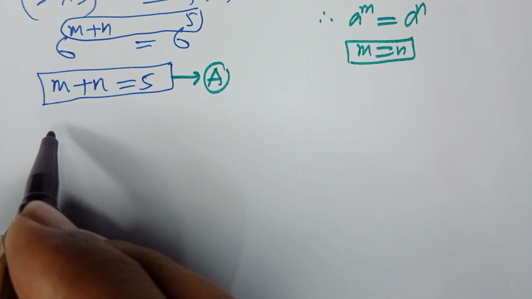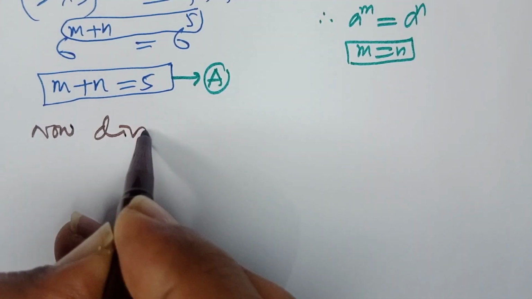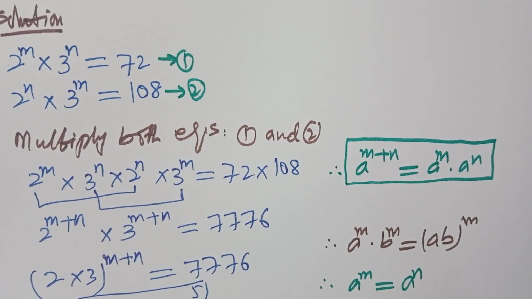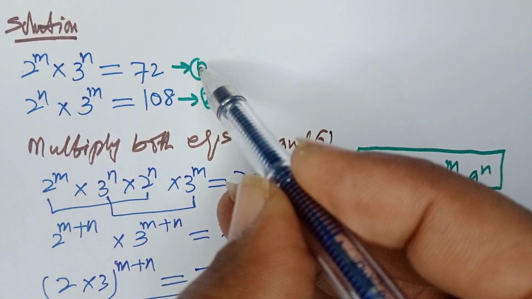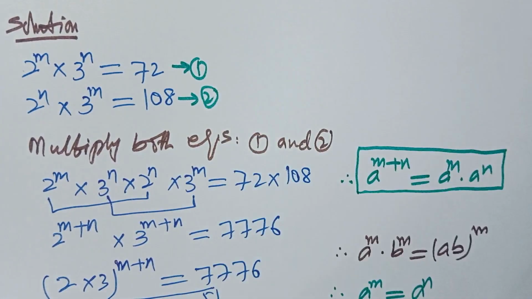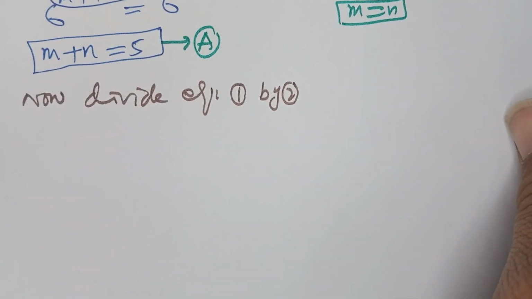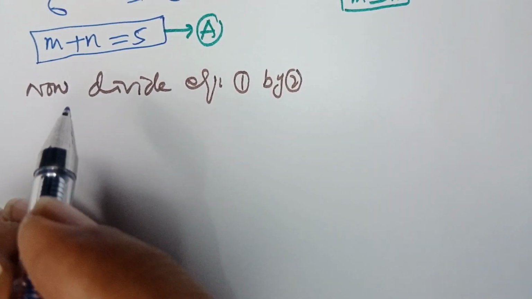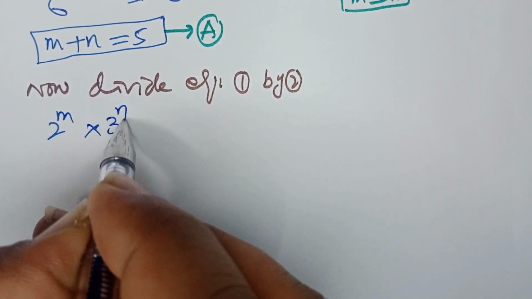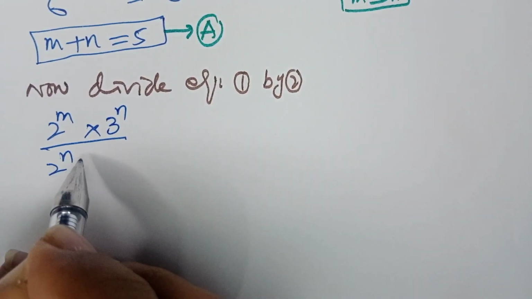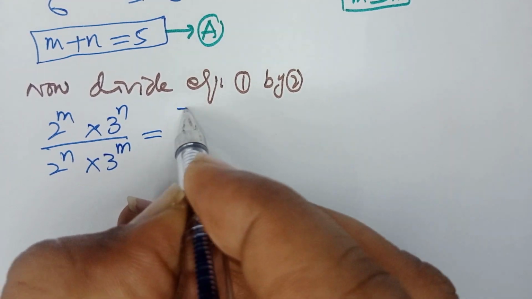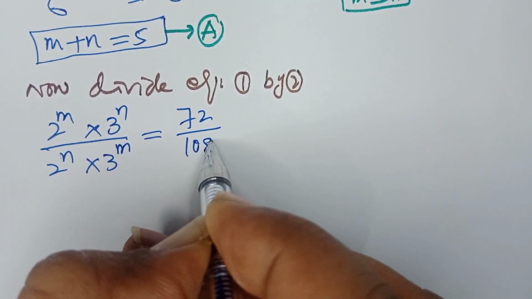Now divide equation 1 by 2. So here equation 1 is this and equation 2 is this. So equation 1 divided by equation 2. So here will be 2 power m into 3 power n over 2 power n into 3 power m is equal to 72 divided by 108.